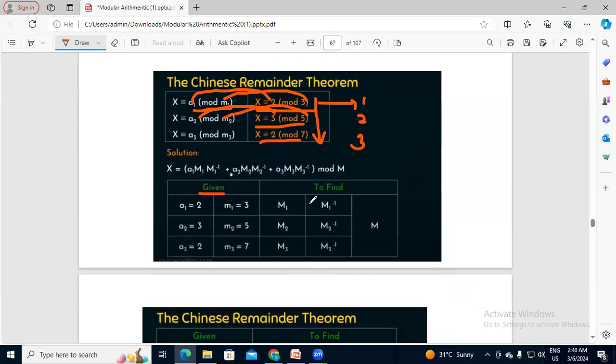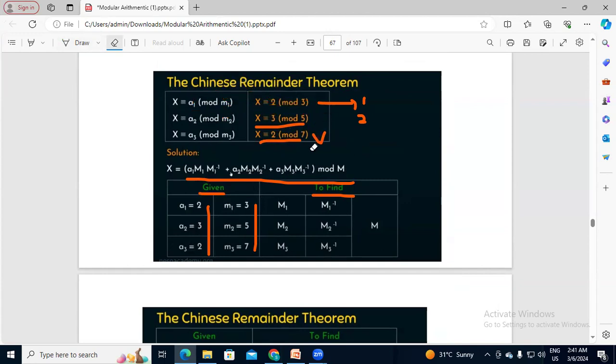These are the given things, and we need to find out the x value. To have the x value, it's given by CRT: A1 M1 M1 inverse plus A2 M2 M2 inverse plus A3 M3 M3 inverse, mod M will give you the x value. So just put in the given values: we have A1, A2, A3, and M1, M2, M3.